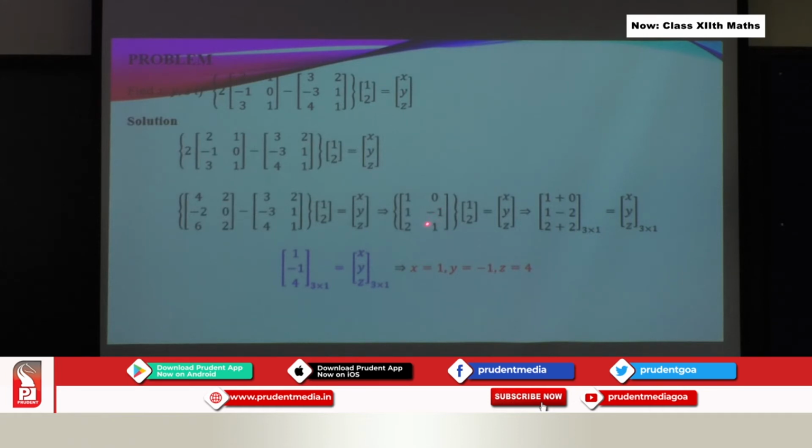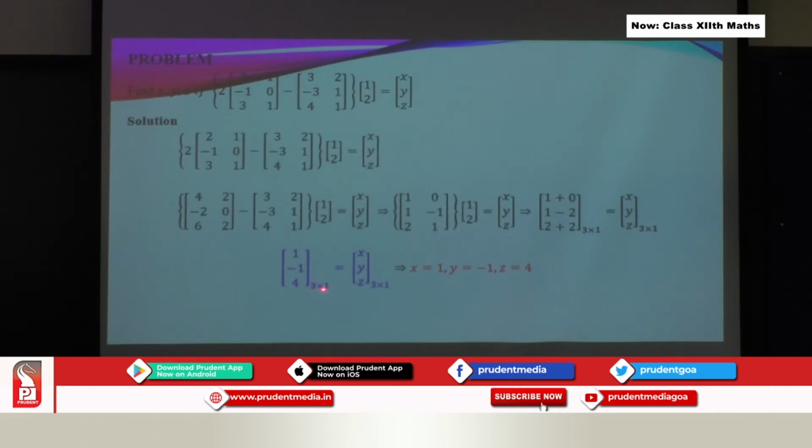Okay, so this matrix I need to multiply with this. Now actually here I need to multiply two matrices. Are they conformable? Let us check. Look here, this order is 3 by 2. What order does this matrix have? 2 by 1. 3 by 2, 2 by 1. So the 2 and 2 are the same. What is left over? 3 and 1.